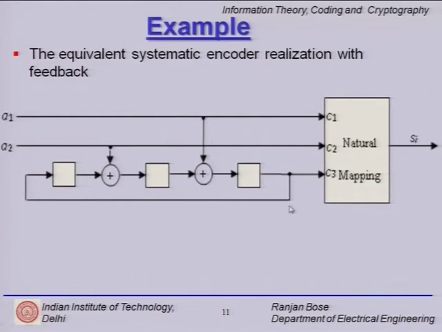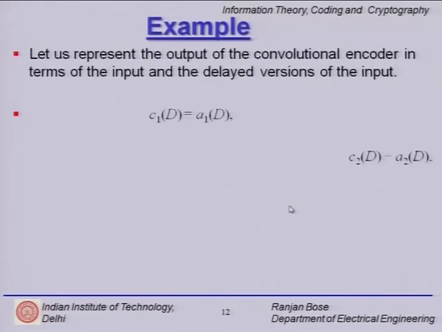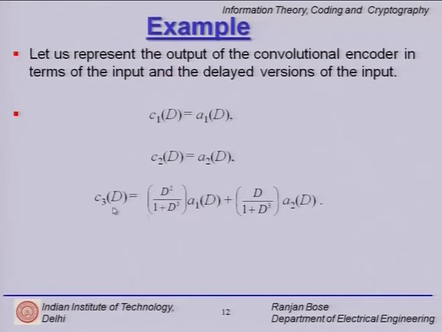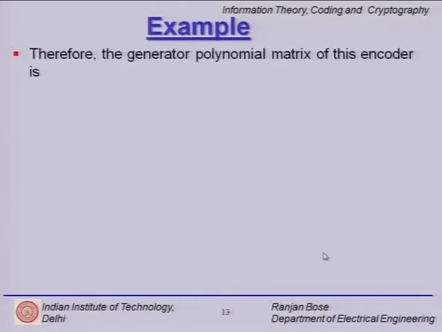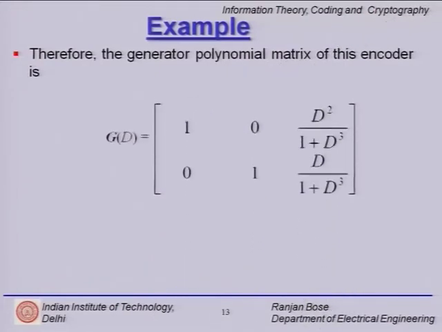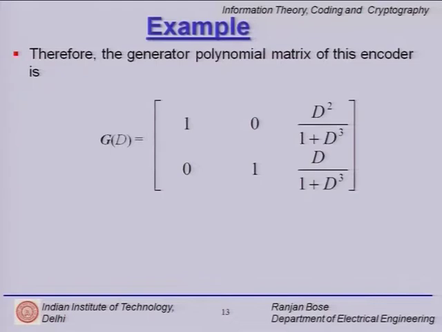If you solve those intermediary equations, you can label C1 as A1, C2 as A2 because they were directly connected, but C3 can be represented in this delay version. So, we have an equivalent generator polynomial matrix for this encoder, which we studied earlier in convolutional encoders, as follows.